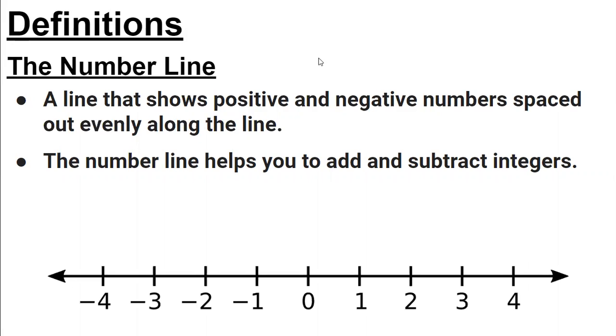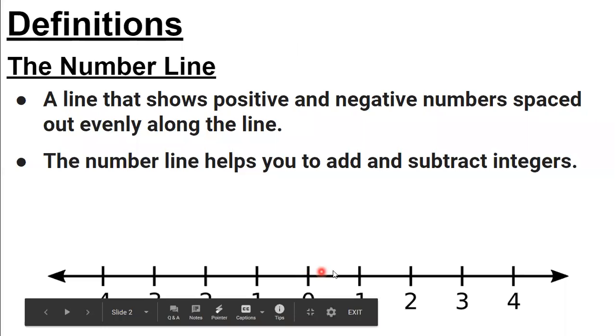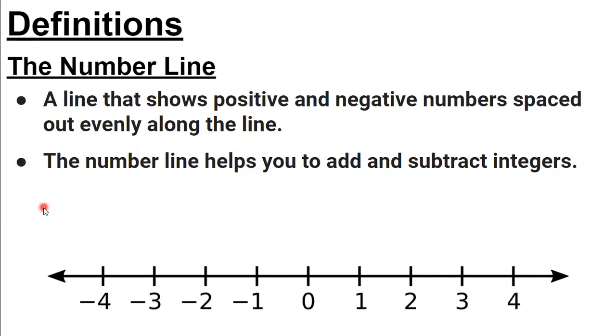And you can see that the numbers, I have my spotlight here, go both positively and they also go negative to the left. So positive to the right, negative to the left.